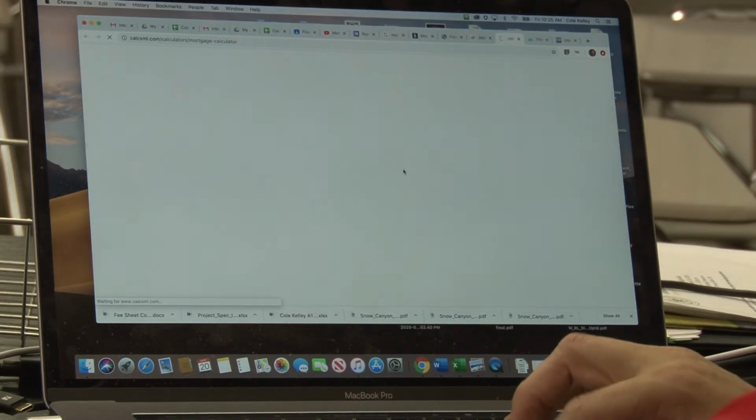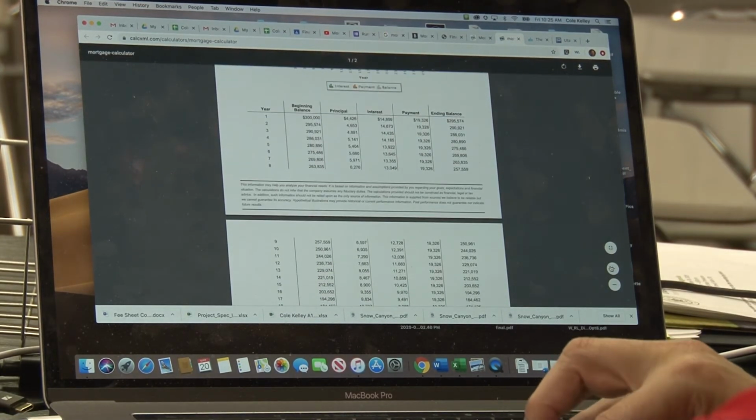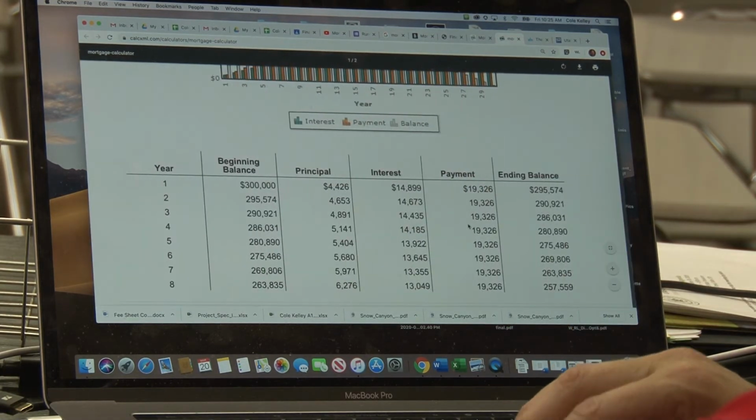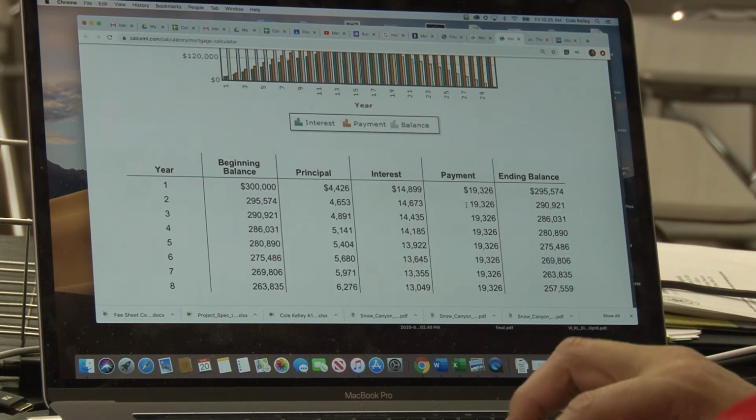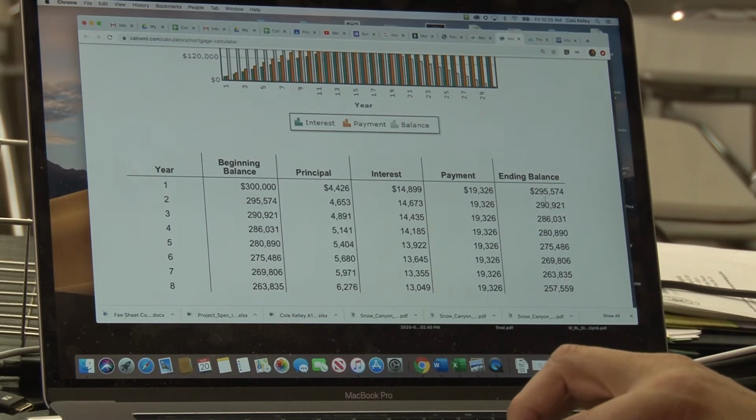We're going to look at this loan amortization schedule here, and remember, this is looking at it annually. Your payments for the year, you paid $19,326. $4,426 of that went to principal. $14,899 of that payment went to interest. So you only paid about $4,500 down on the balance on that loan, because so much of it is going towards paying that interest.